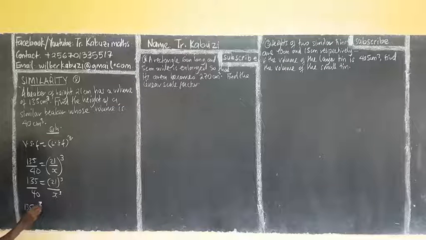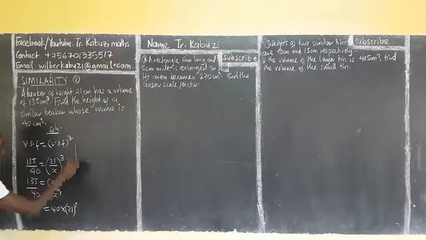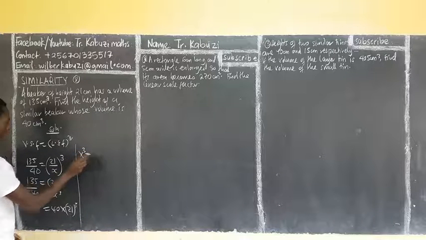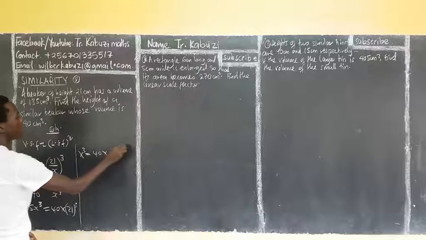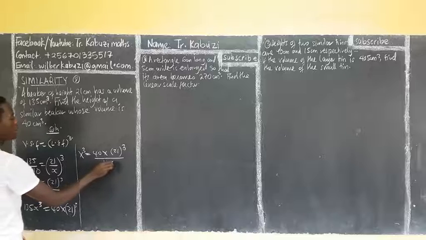I get 135 times x cubed, then 40 times 21 cubed. So my x cubed is going to be 40 times 21 cubed, the whole over 135.